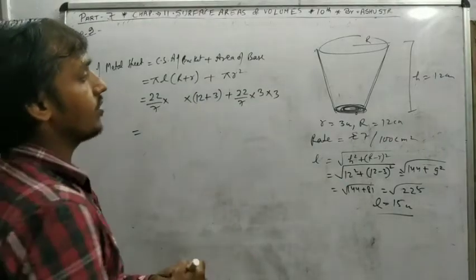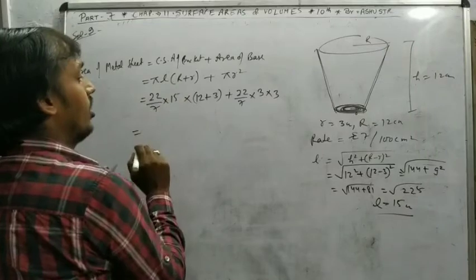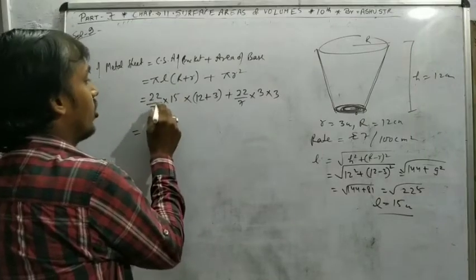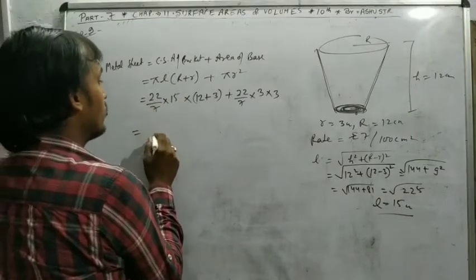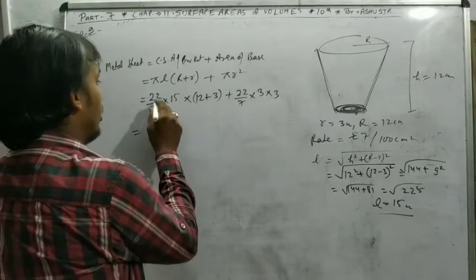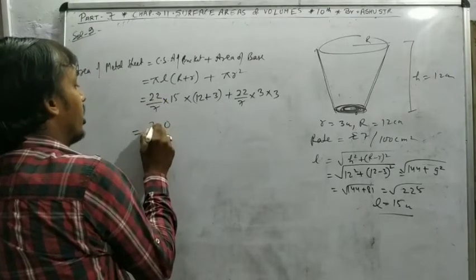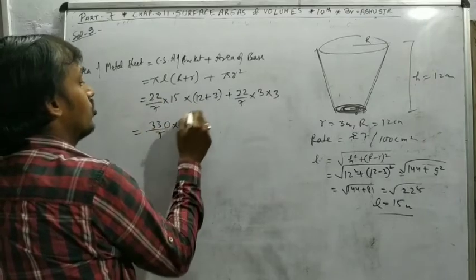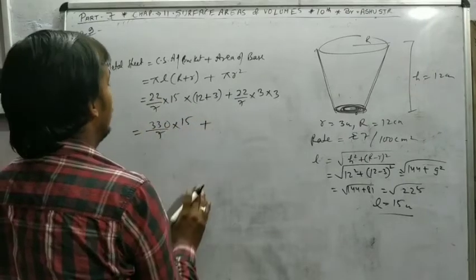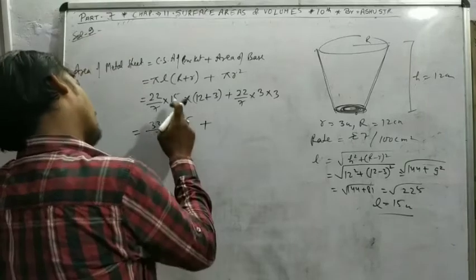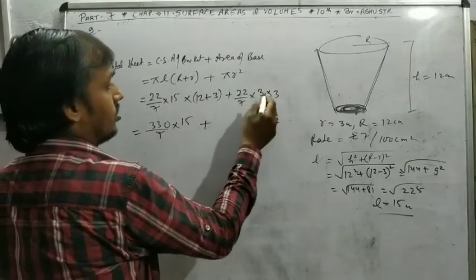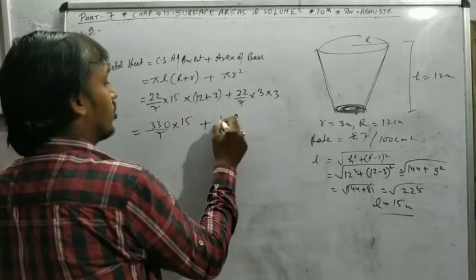So you can put it here and simplify. 22/7 into 15 into 15 plus 22/7 into 9, 9 into 18.